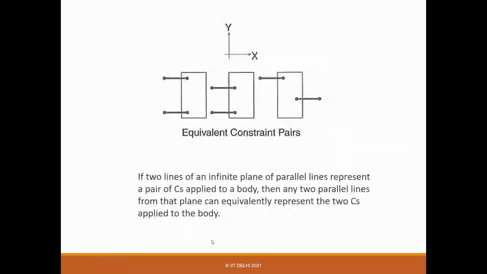And you are talking about equivalence. In any case you check, they are all parallel lines, right? Same axis. Okay, the nature might be different. One is getting compressed and one is in tension. So it doesn't matter whether they are on the same side or one on the other side, or whether there is a gap.